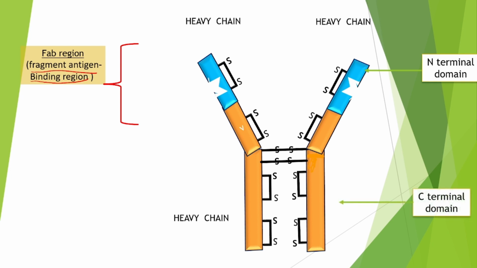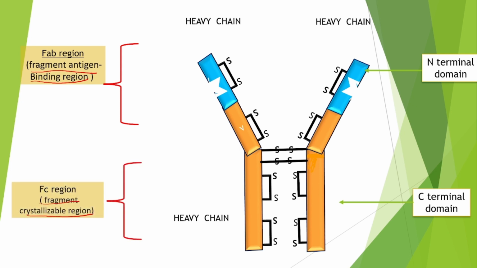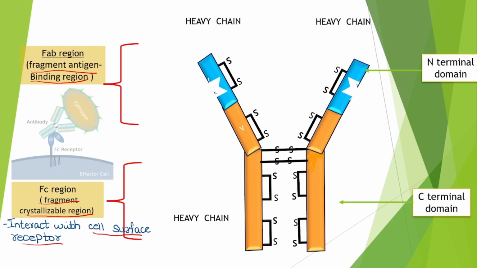Whereas the C-terminus domain of these heavy chains are called Fc region, that is fragment crystallizable region, and it interacts with the cell surfaces. Now what are these cell surface receptors? These are actually the proteins which are found on the surface of certain cells.